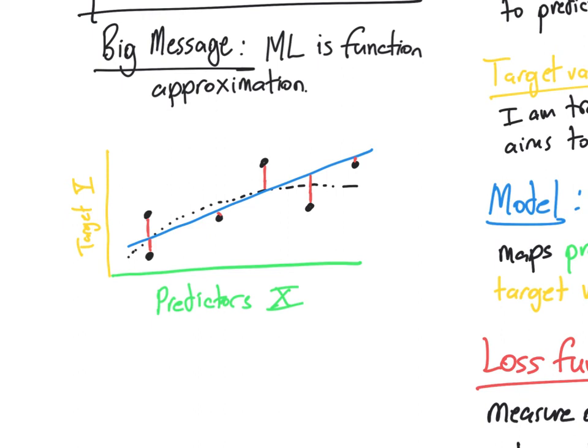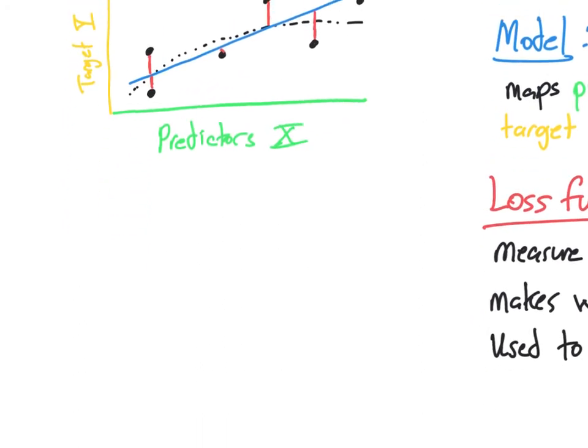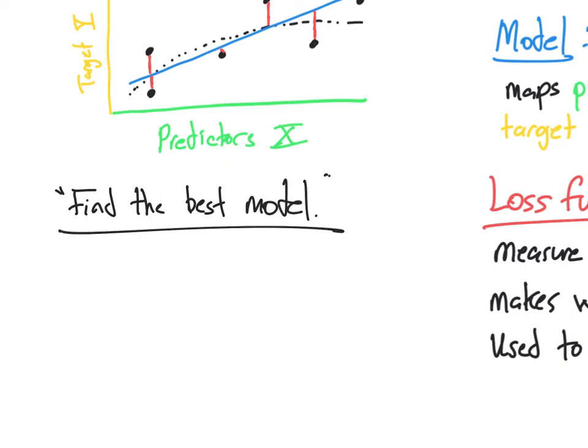That's what we want to do. So mathematically, when we say that we want to find the best model, this is what we usually mean when we say we want to do machine learning, quote unquote.